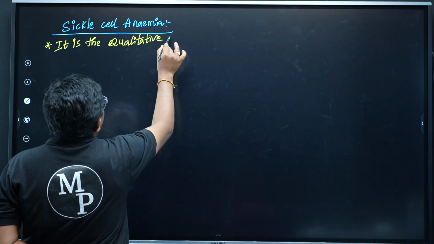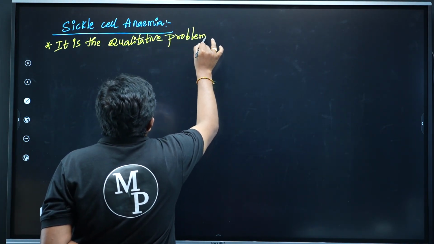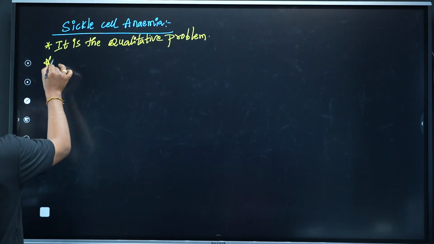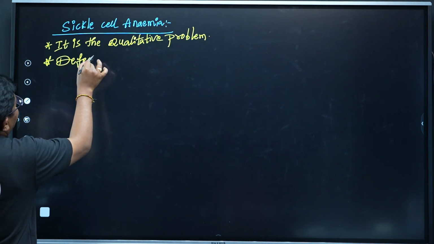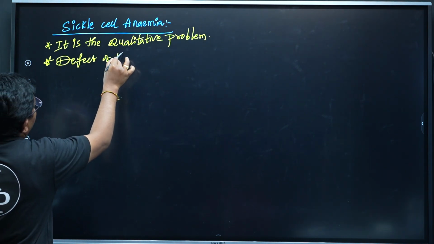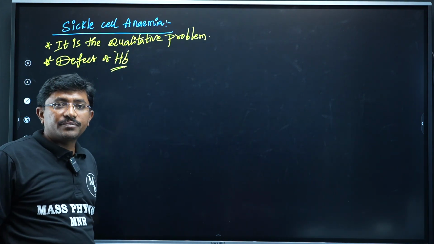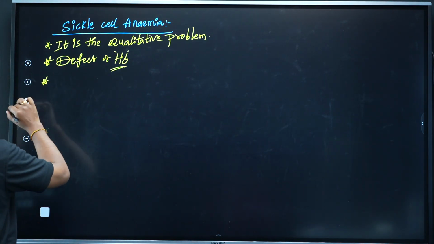What is the meaning of a qualitative problem? It means a defect of hemoglobin. The reason is improper structure of the RBC.